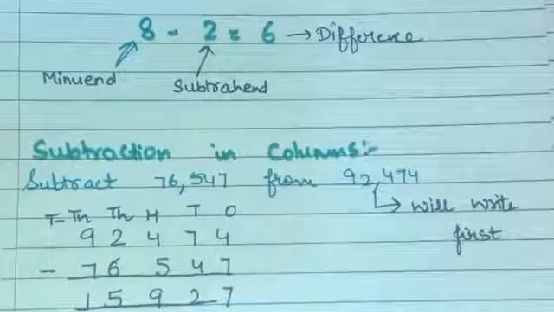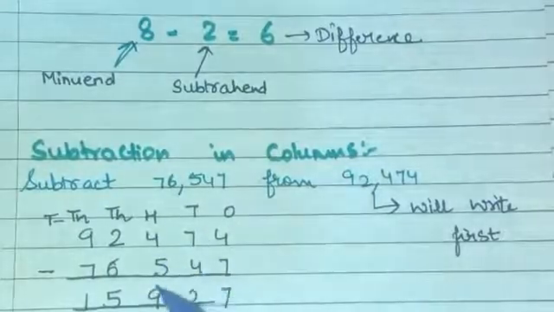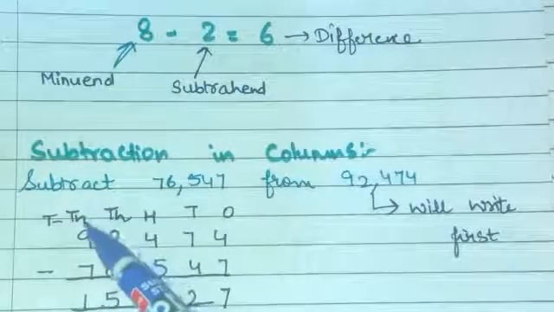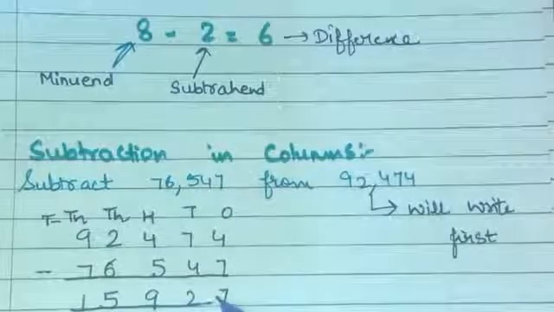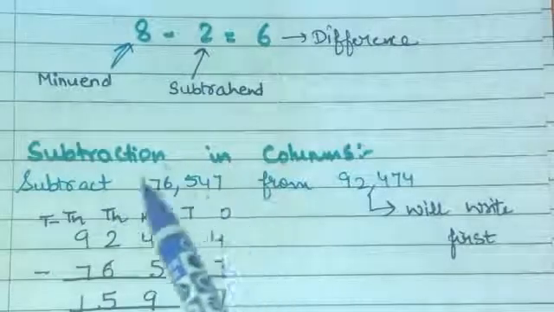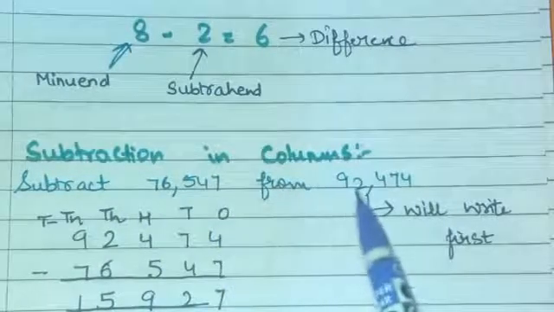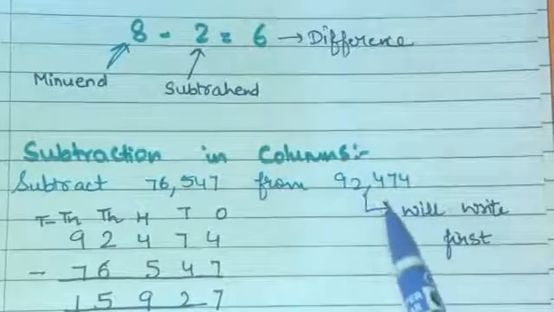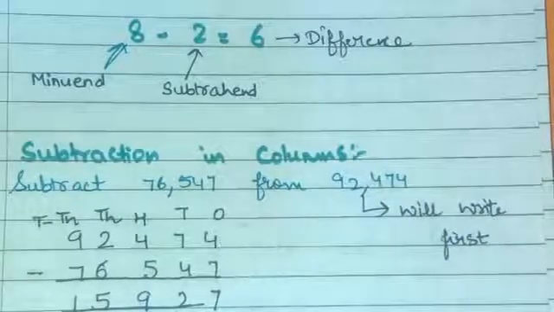So what we will do, we will first write them in columns like ones, tens, hundreds, thousands, ten thousands. Then simple subtraction we have done. Since we have to subtract 76,547 from 92,474, it means we will write this number on the top.